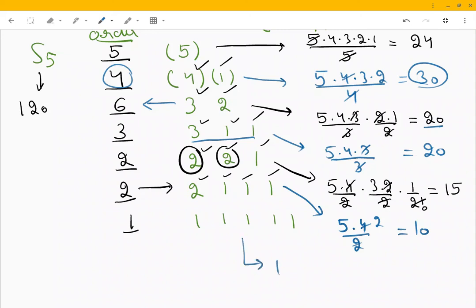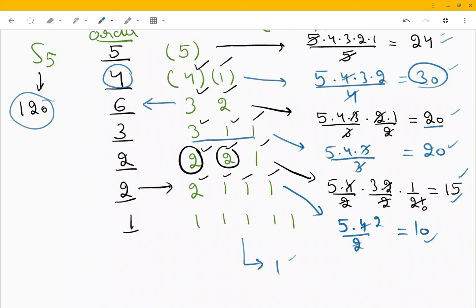Let's just add them. 30, 40, 50, 60, 70, 80, 90, 100, 110. And this 5, 4, and 1 is 10 more. So 110 plus 10, 120. This is how you do it. Very simple thing, but still, I thought, why not?